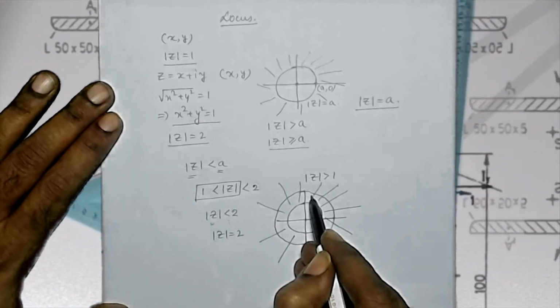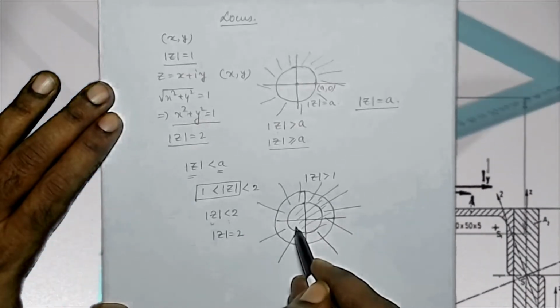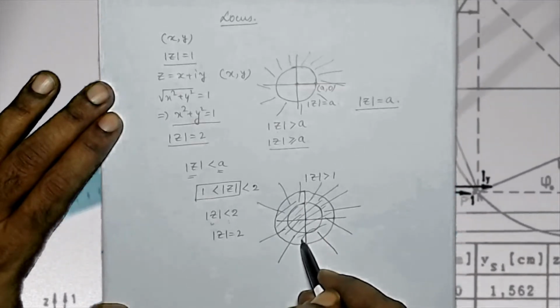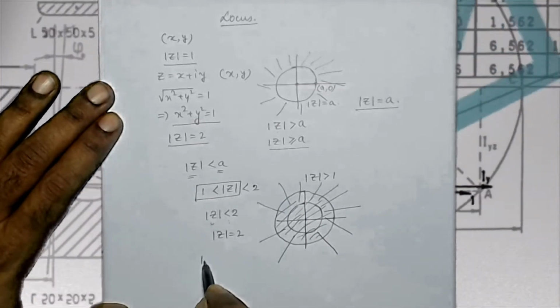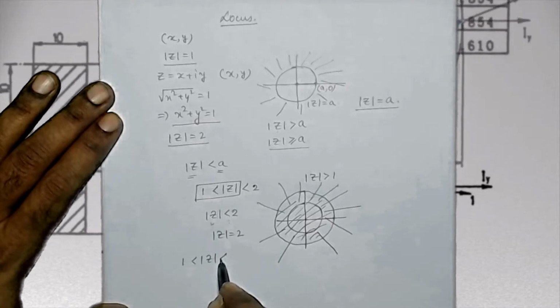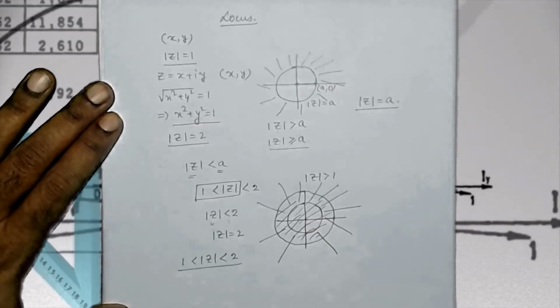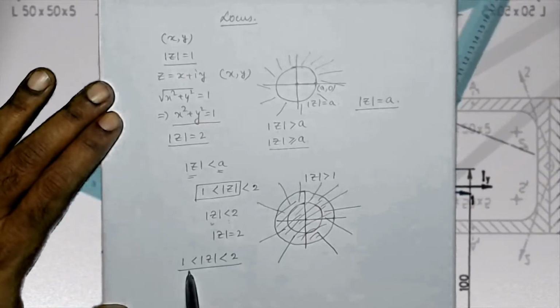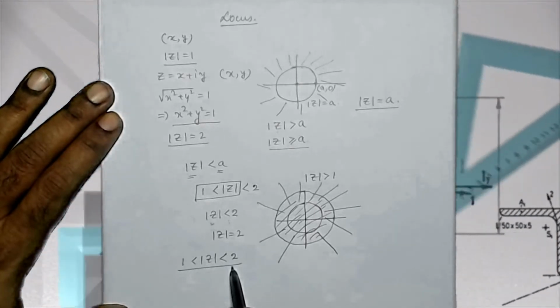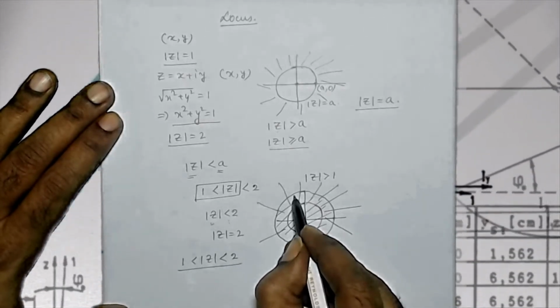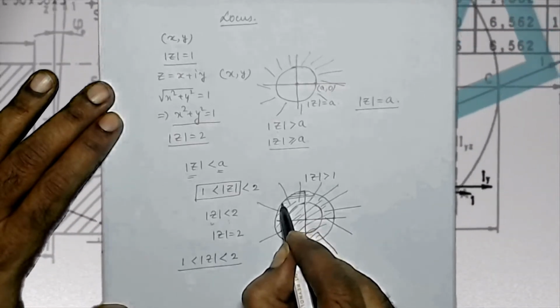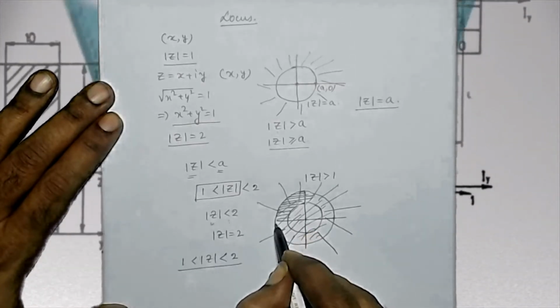So we are talking about any point inside this circle, right? Now we have been told mod z is greater than 1, less than 2. So we have to find the common region which satisfies both these inequalities. So naturally the common region will be this portion only. Yes or no? I am shading it.